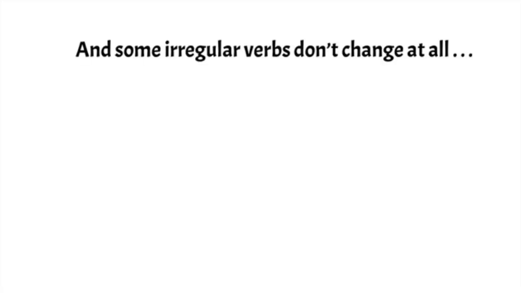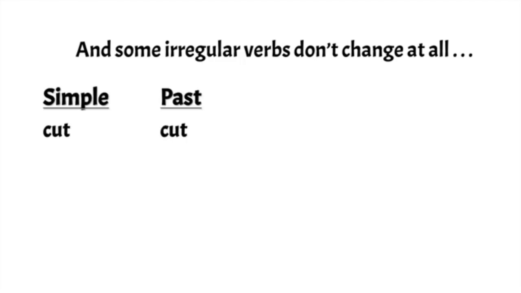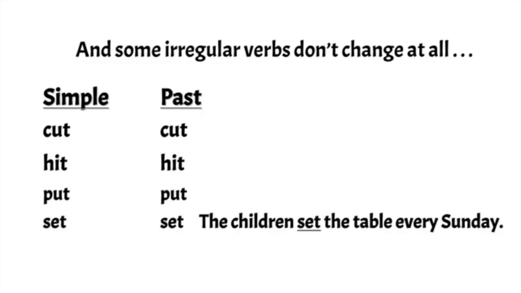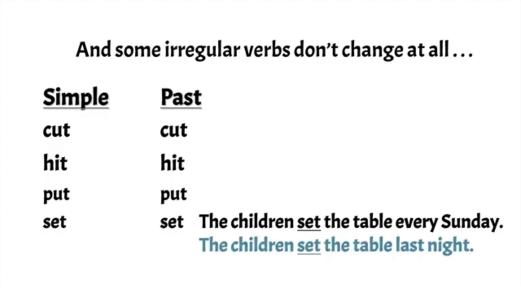And some irregular verbs don't change at all. Cut, cut. Hit, hit. Put, put. Set, set. Like in the example, the children set the table every Sunday. And this is present simple, right?